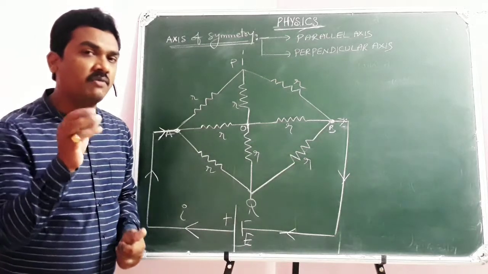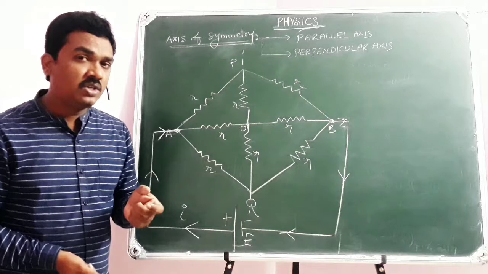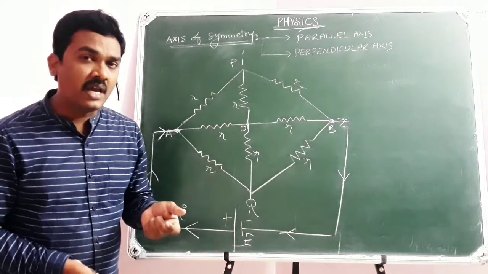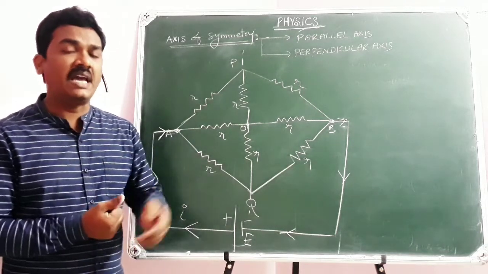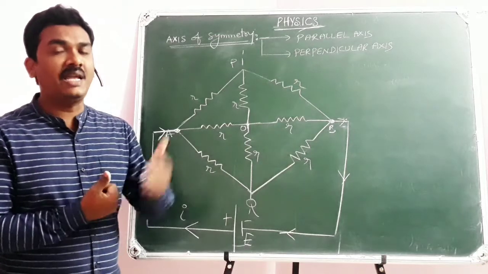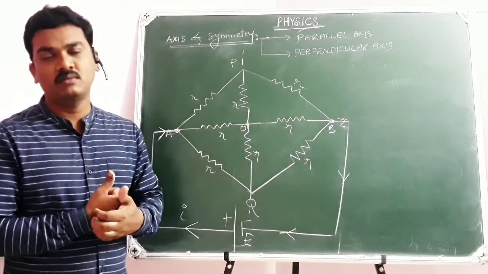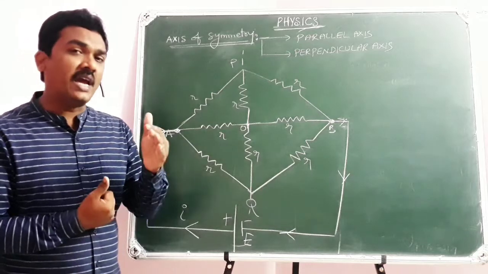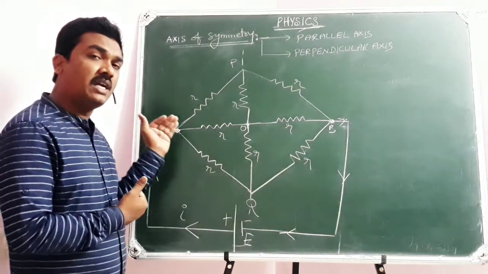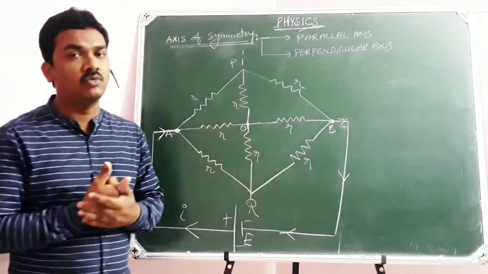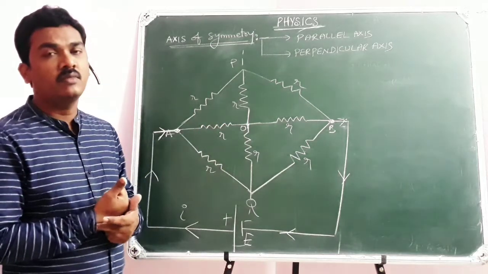What is axis of symmetry first? A line about which the electric circuit has mirror image, then we call it axis of symmetry. If such axis of symmetry is in the direction of current entering or leaving the electric circuit, then we call it a parallel axis of symmetry.